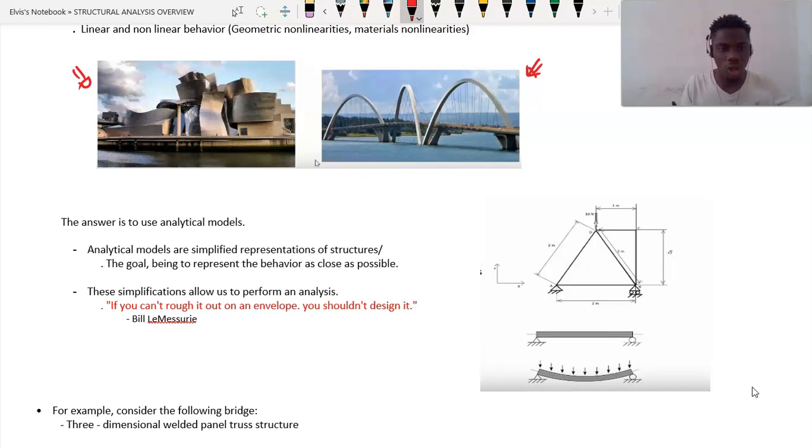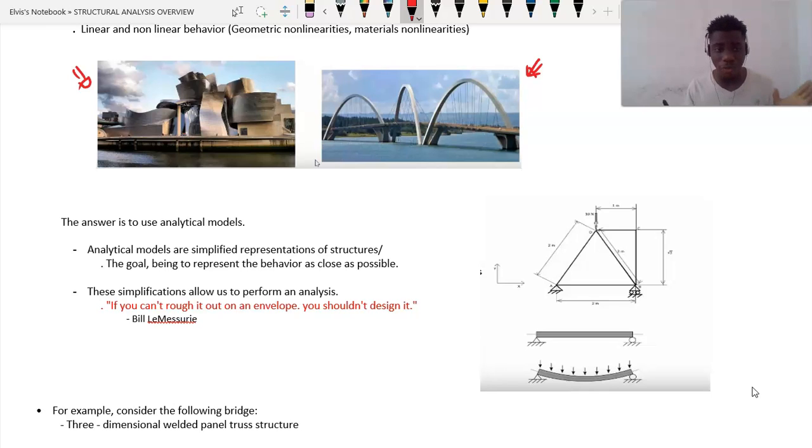An analytical model is a simplified representation of a structure, the goal being to represent the behavior as close as possible. This simplification allows us to perform an analysis. There's a saying, if you can't rough it out on an envelope, you shouldn't design it. This was from B. Lemasio.